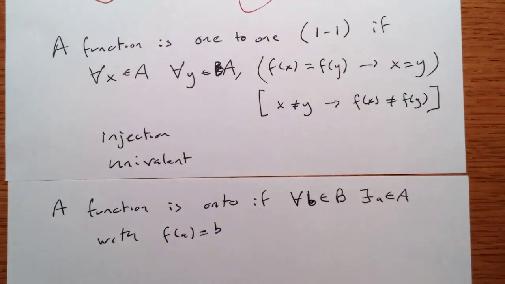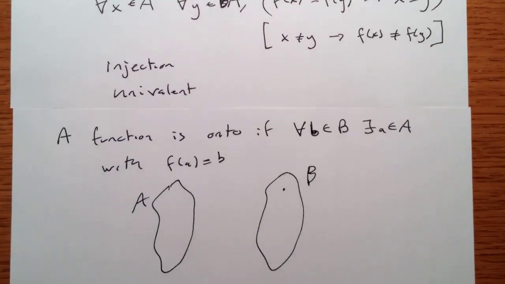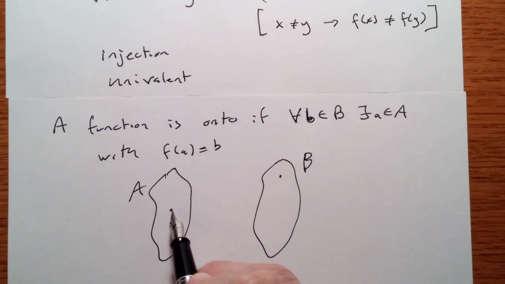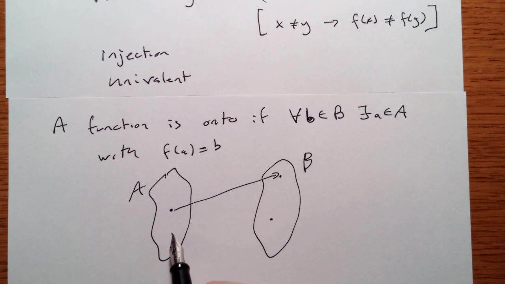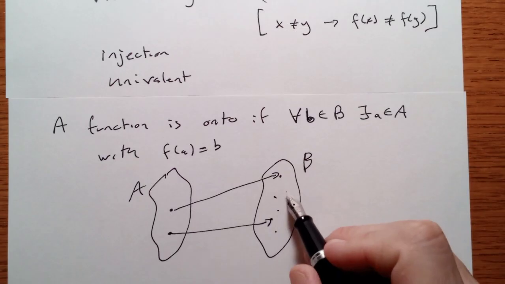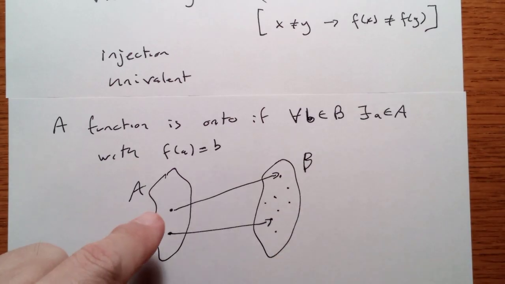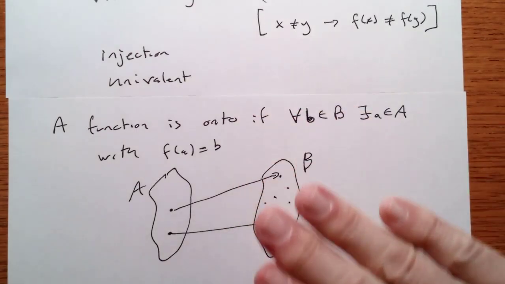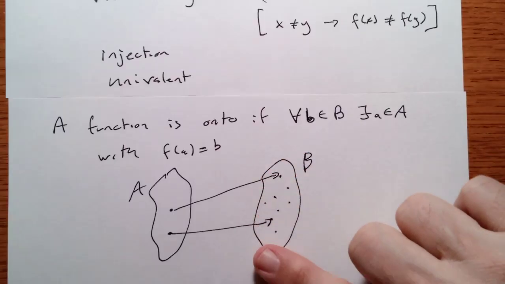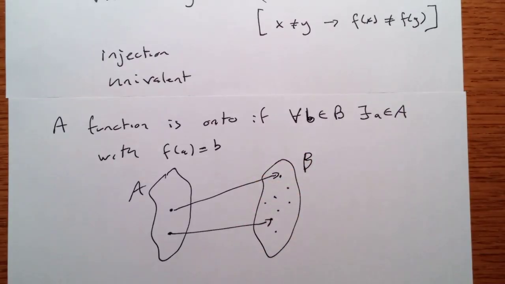If we think of the codomain, B, and our domain, A, no matter what element you pick over here, it had to get hit by something. No matter what thing you pick over here, there must be something that came from here to get there. Oh, this is spread all the way across. It covers it completely. We are on every value here.